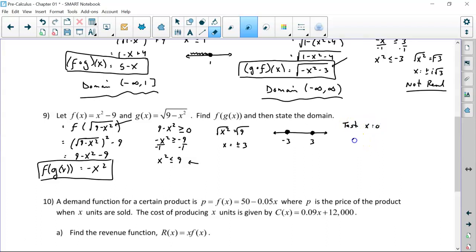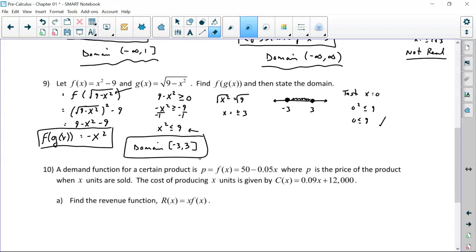So what I get is 0 squared less than or equal to 9. 0 is less than or equal to 9. That's true. So our shading is in between. So our domain, our values that we can use for x, are going to be between those 2 points, from negative 3 to positive 3. That's the domain for that composite function.